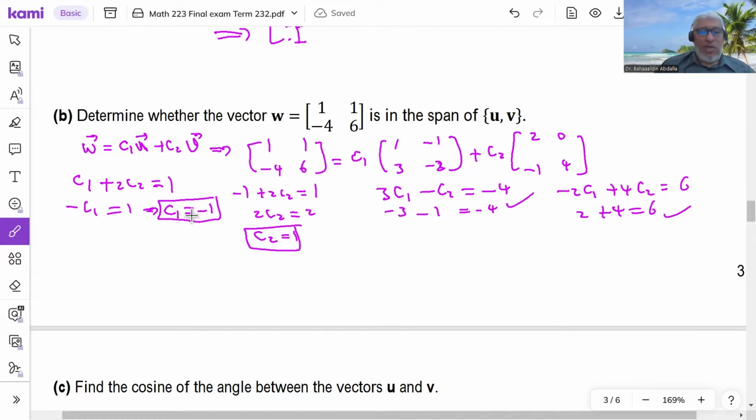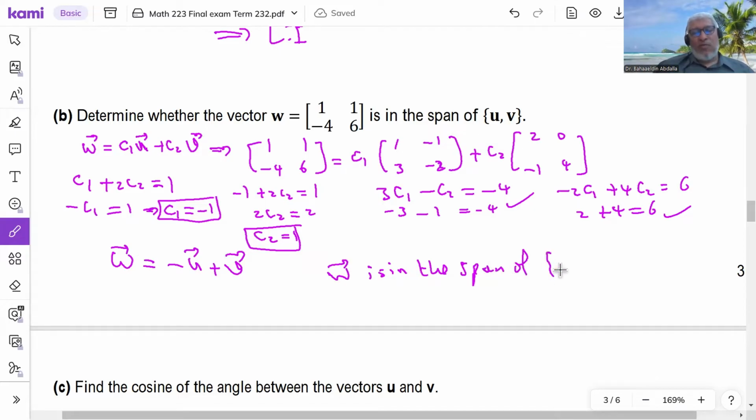Correct. So that's the answer of the system. So w can be written as negative u plus 1 times v. So w is in the span of u and v.